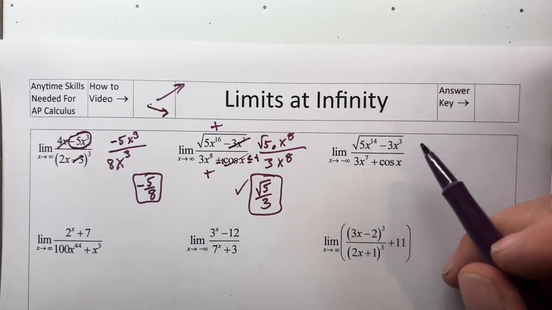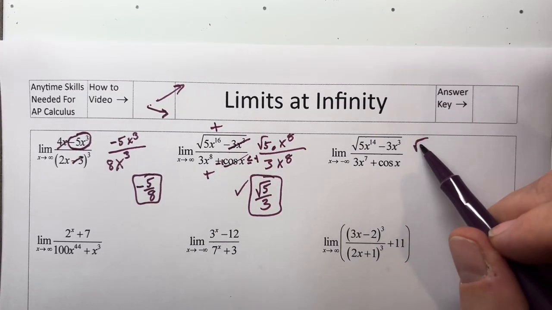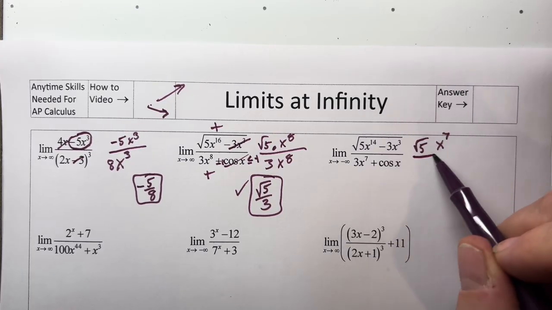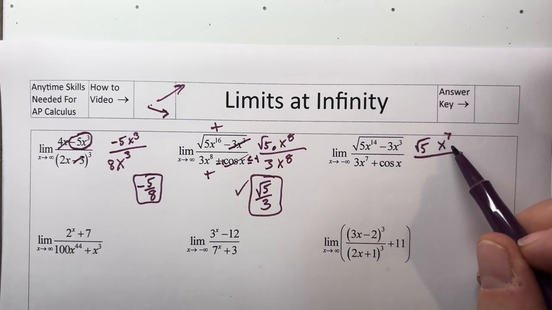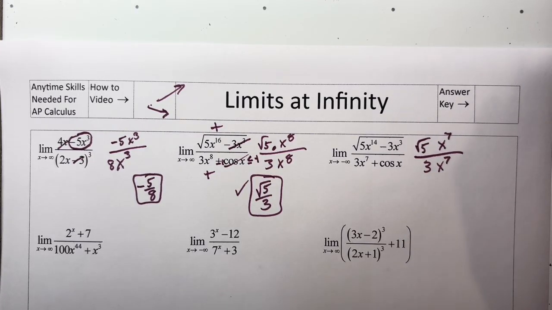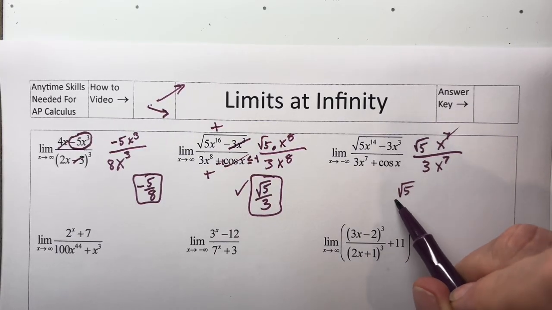In contrast to that, though, a lot of people might, when you first do these problems, go through the process of figuring out what is significant. Here I have root 5 times x to the 7th, and on the bottom I have 3x to the 7th. And we're going to negative infinity, and you might think that these cancel out, and you're left with root 5 over 3.